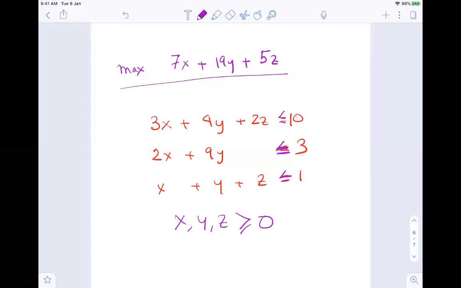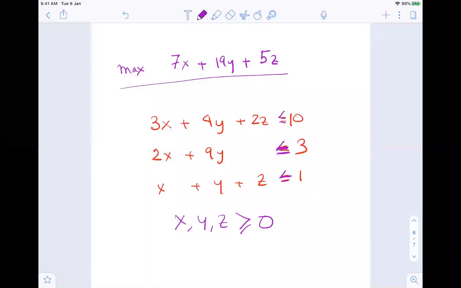Can you give an upper bound of this maximization? Can the maximum be more than, say, 20? Or can it be more than, let me say, 50? Can it be more than 50?